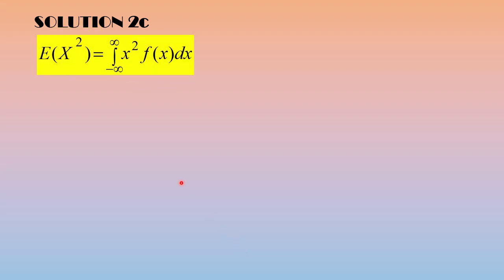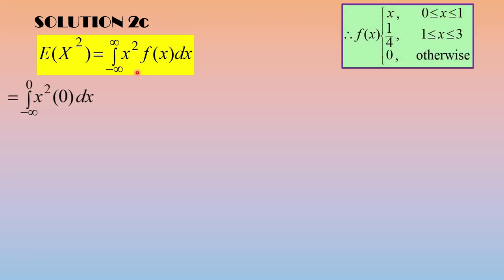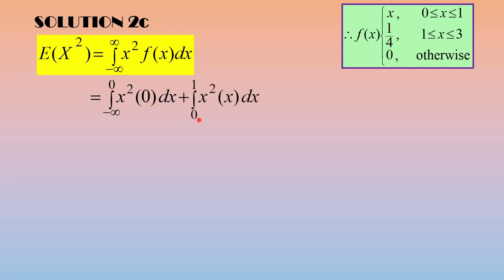Now we continue with 2C. What is the expected value for X squared? Therefore, we need to integrate from negative infinity to 0, x squared times 0. Integrate from 0 to 1, x squared times x dx. Continue from 1 to 3, x squared times 1 over 4 dx.